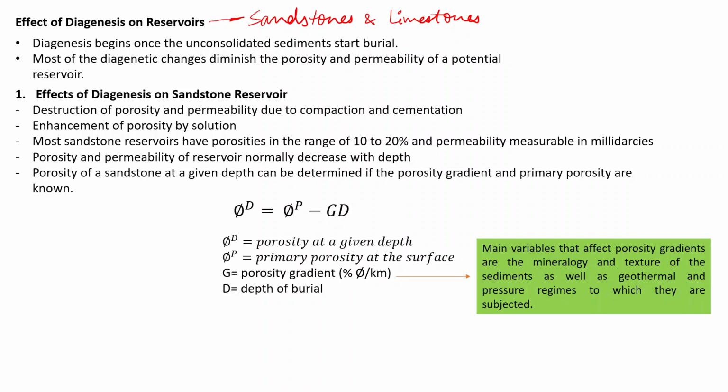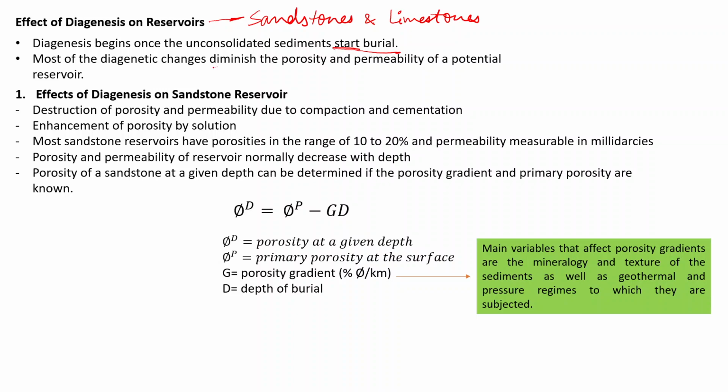So diagenesis starts as soon as the unconsolidated sediments start their burial. From the parent rock, as the weathering and erosion occur, thereafter once the sediments get buried, the impact of diagenesis starts. Most of the diagenetic changes diminish porosity and permeability of a potential reservoir.